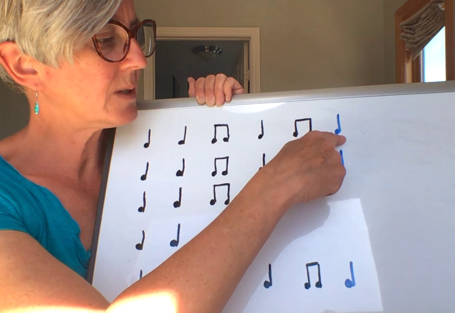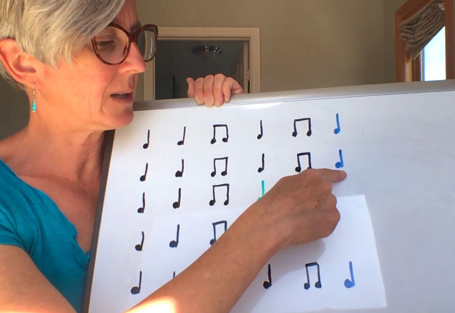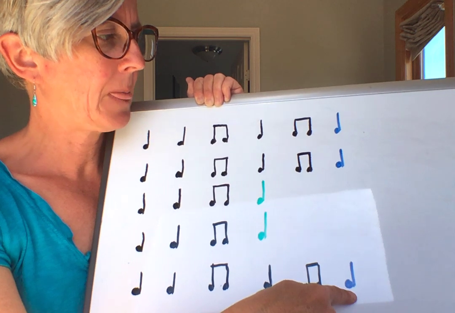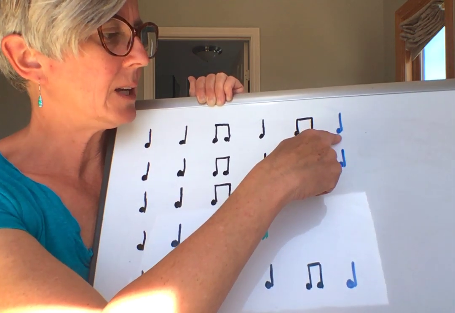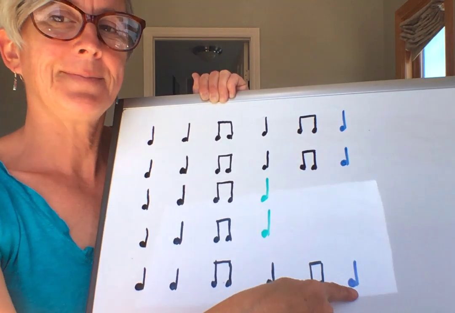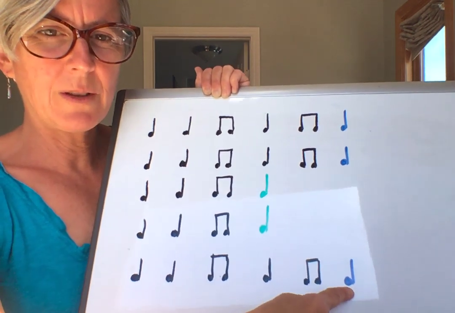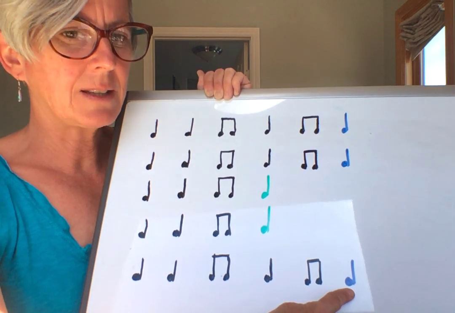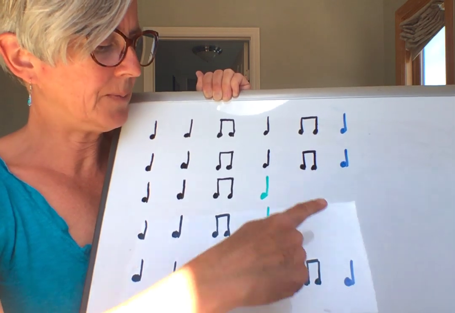So house and mouse and spouse, or fawn and gone and Ron. So what you need to do is make sure that you choose things that have rhymes to them.